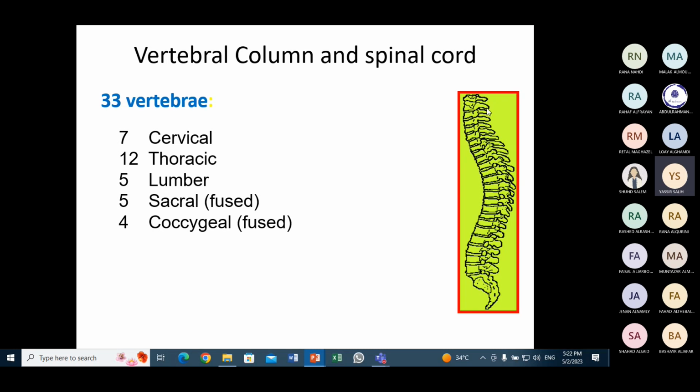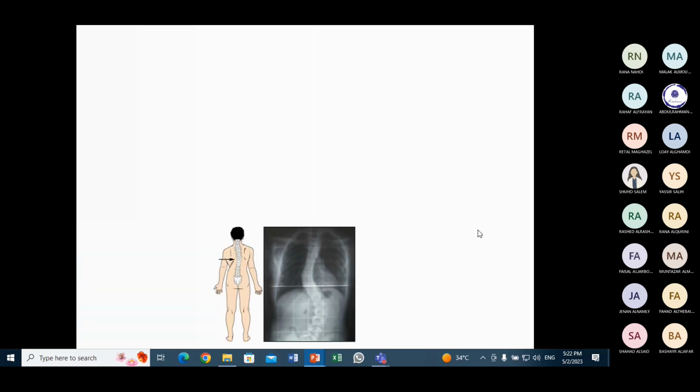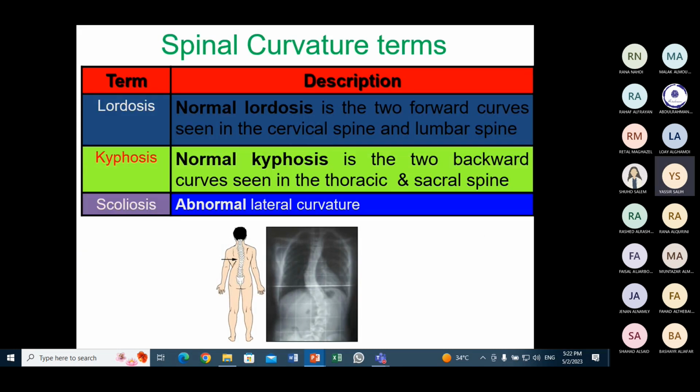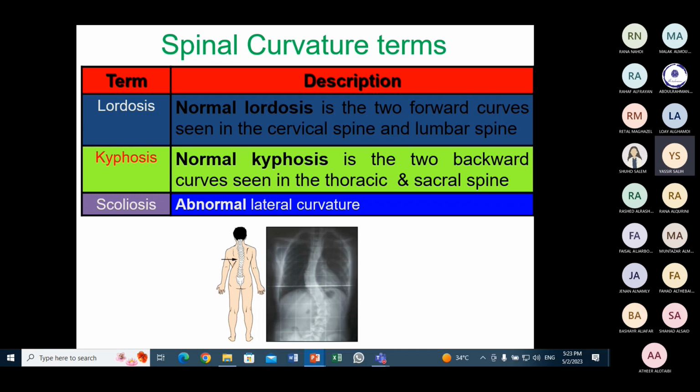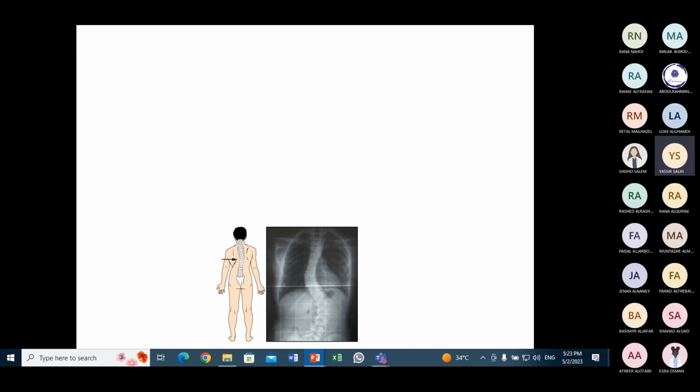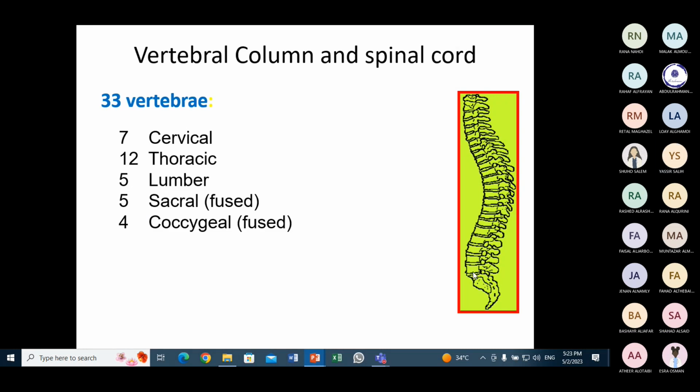And in the thoracic area and the sacrum, there is a kyphosis. Here you can see the sacrum and thoracic, where there is a curvature backward.